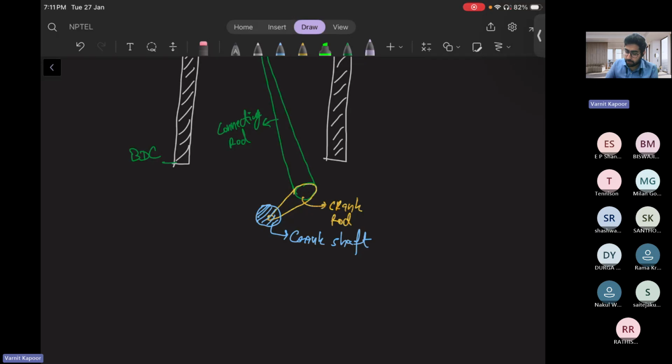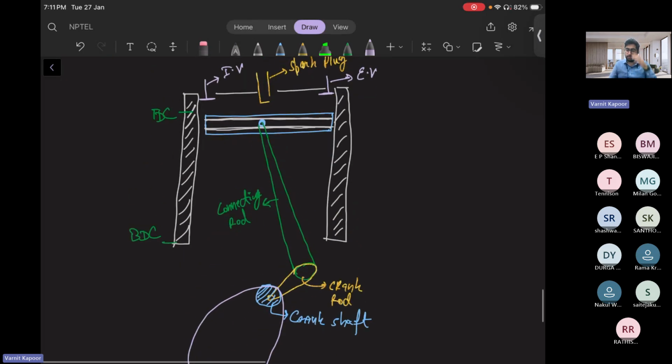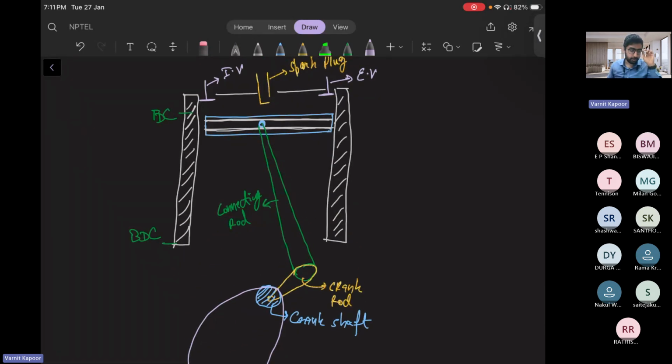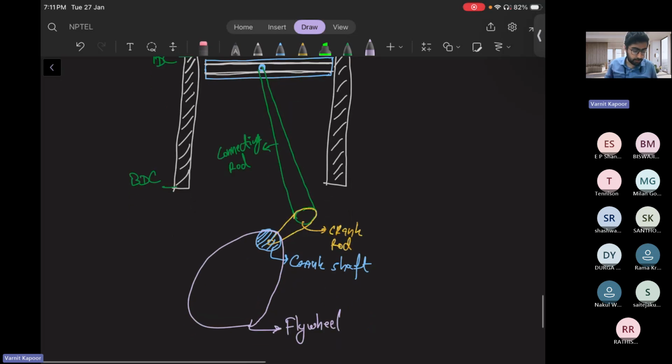Okay, so I'll make it through another figure. So it looks somewhat like a big flywheel. So this is your geometry so far, and this crank rod is moving in a circular motion. So I can just make it like this.